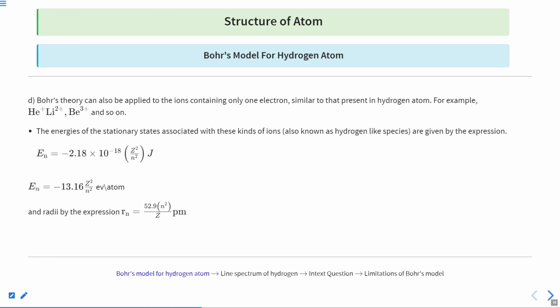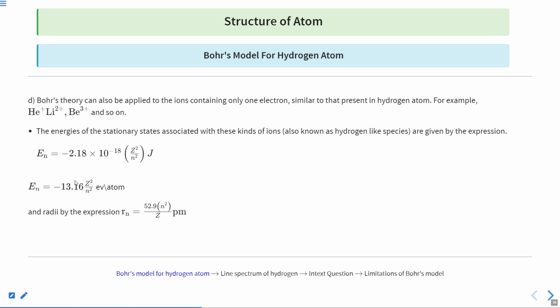Next, they have put an illustration here. We have calculated it for different types of atoms. Suppose for helium plus, lithium 2 plus, beryllium 3 plus, we can calculate the energy value. If you want to calculate this energy in terms of electron volt, you will divide minus 2.18 into 10 to the power minus 18 by 1.6 into 10 to the power minus 19.